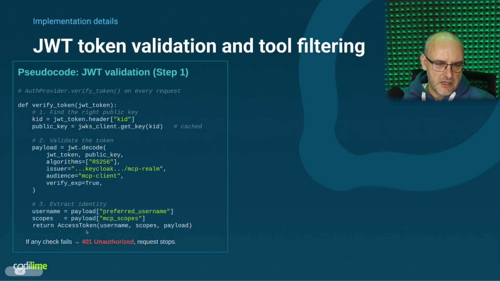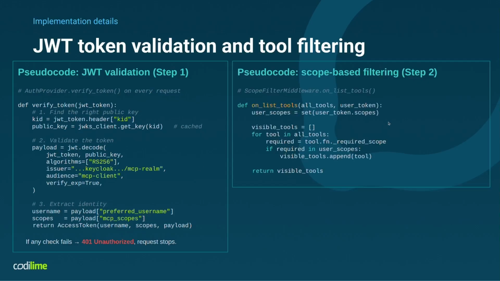But if we get the access token, we retrieve the username or user ID, scopes, and all the payload, and we can implement simple code for tool filtering. And here, as we are using FastMCP, there is a convenient placeholder for the method filtering the tools.